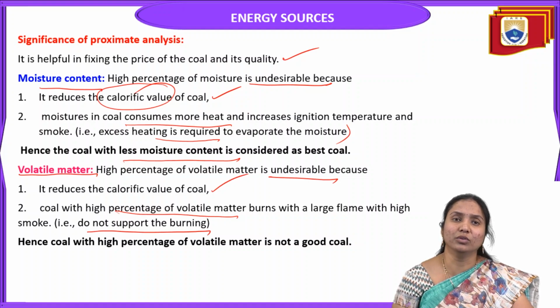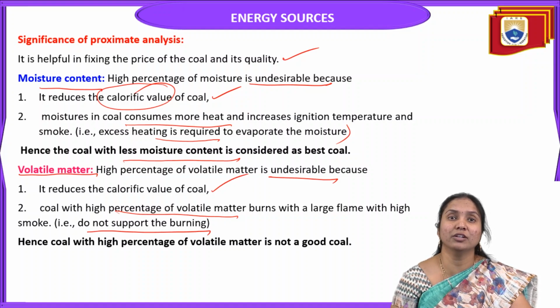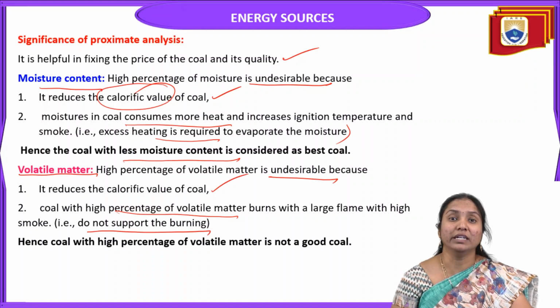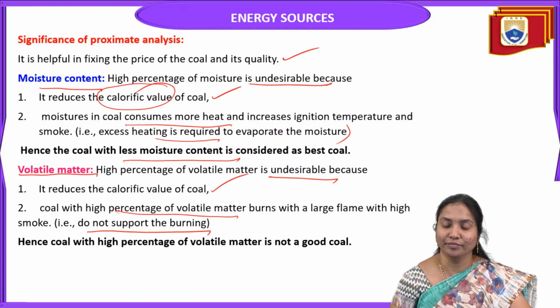Hence good coal contains a less percentage of volatile matter. Good coal always contains less moisture content and less volatile matter because they reduce the calorific value and do not support the burning.